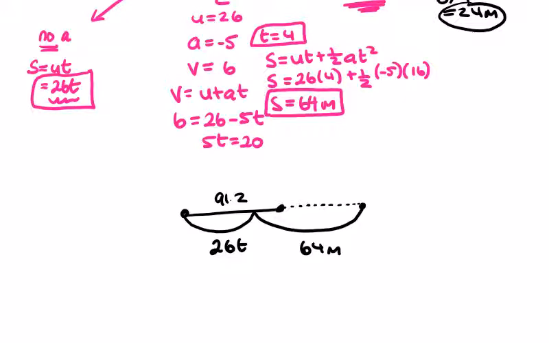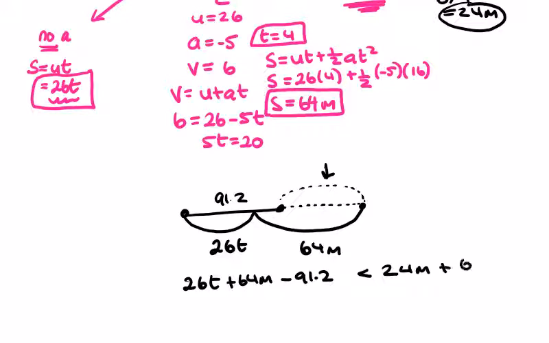The tractor has just traveled in this section along here. So to avoid a collision, 26t plus 64 meters, take away 91.2 for the car, that will have to be less than this guy in here, which is your 24 meters plus the 6t.